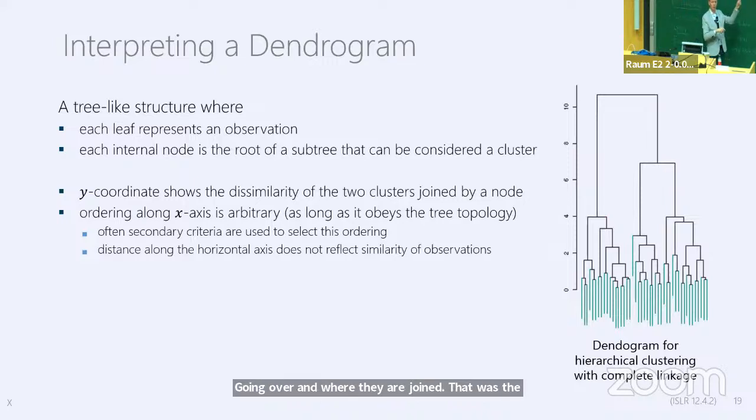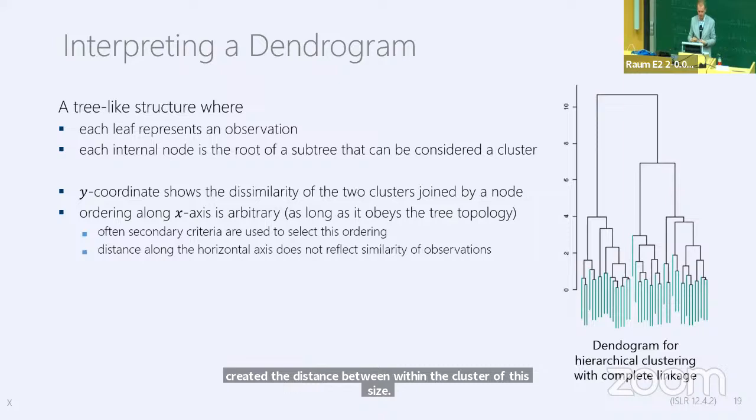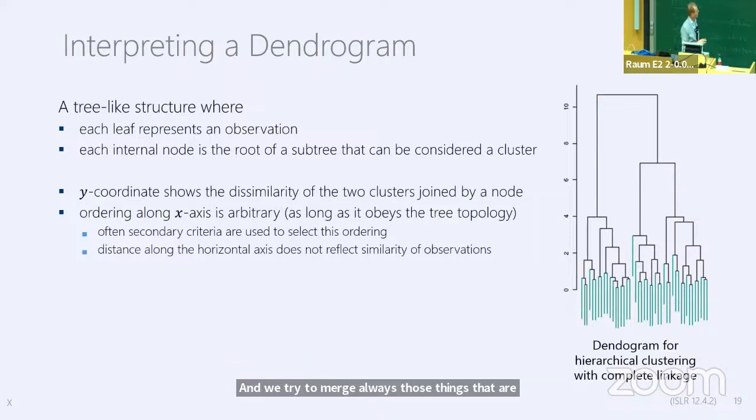So you can read off that these two were merged together, and that created a distance within the cluster of this size. We always try to merge those things that are closest. And in the end, here at the top, we have merged everything together.